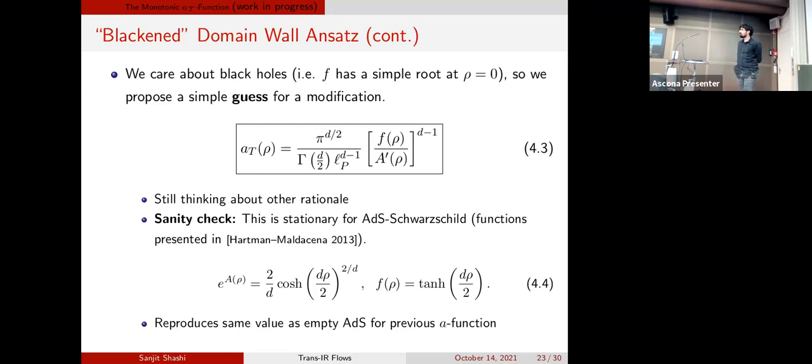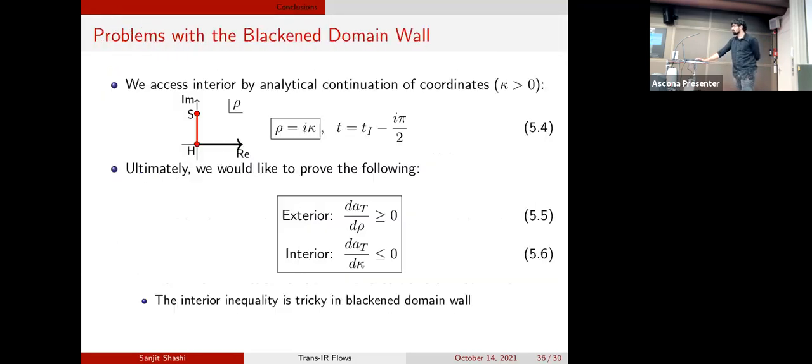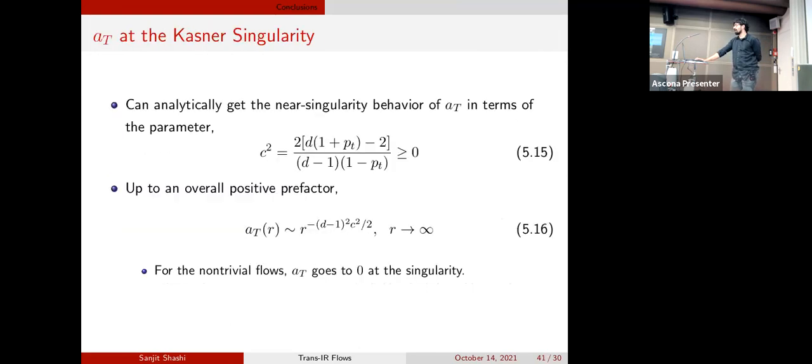Exactly, that's the sign of the singularity, that the theory gaps out. Okay, yeah, we did see that, though I didn't have time to get into it. At least for Kasner flows, we do see that just from the structure of the Kasner solutions near the singularity.